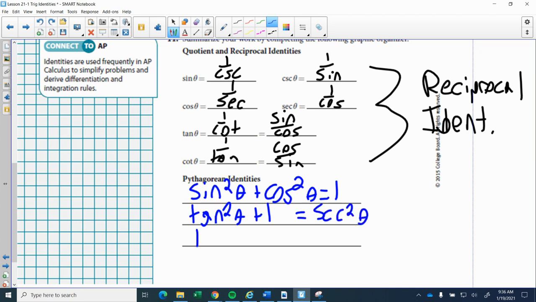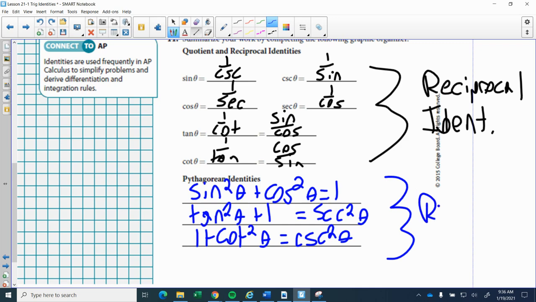And our last one is 1 plus cotangent squared of theta equals cosecant squared of theta. Okay? These here are the 3 Pythagorean identities.